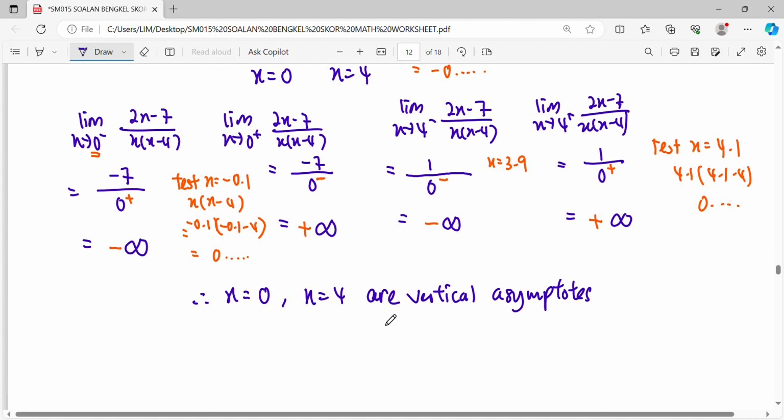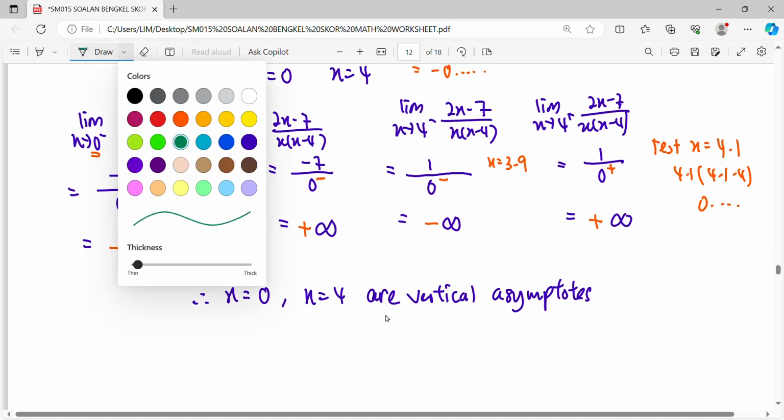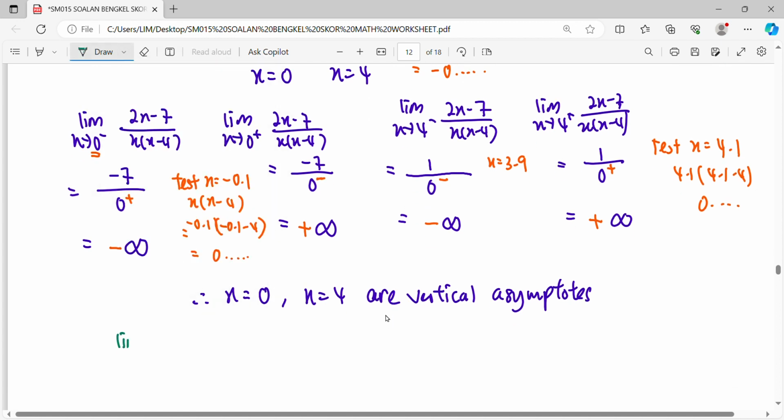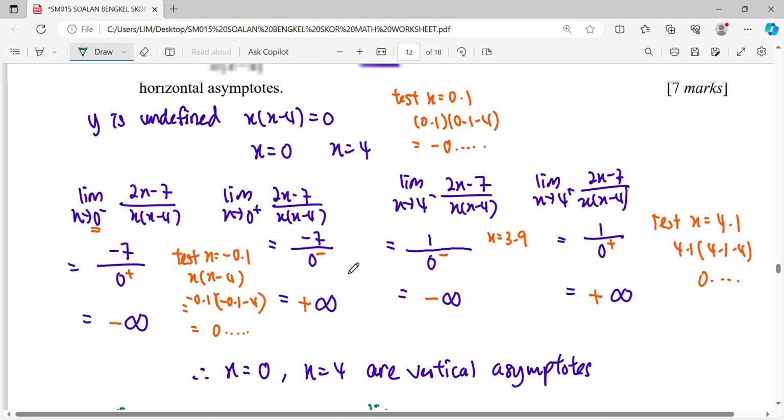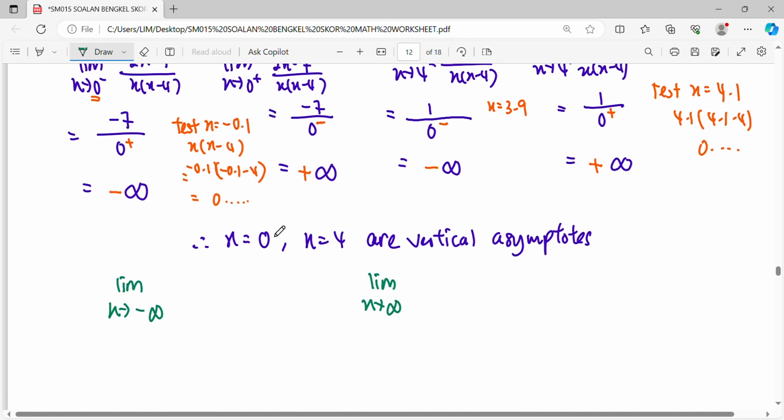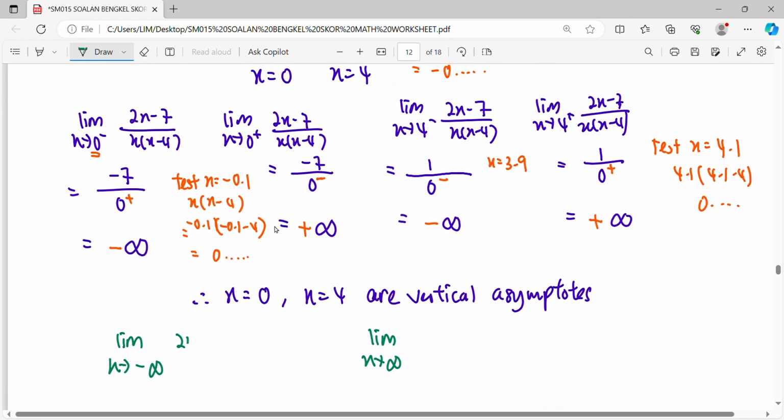Alright, then we go for horizontal asymptote. For horizontal asymptote, just calculate the limit as x approaches negative infinity and the limit as x approaches positive infinity of our function here. So what do we do for the limit?